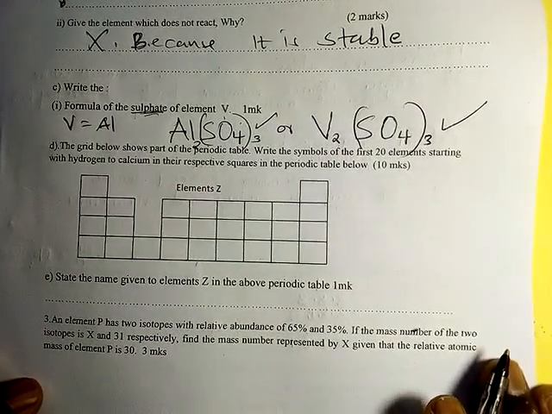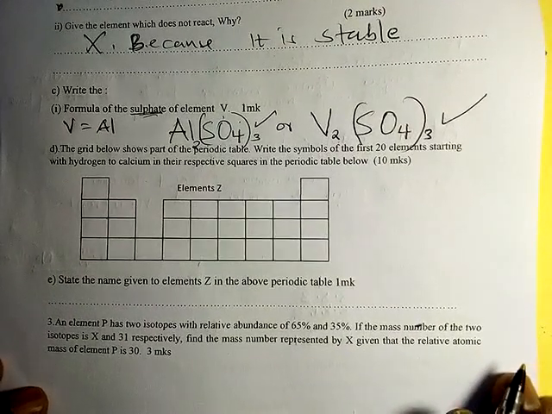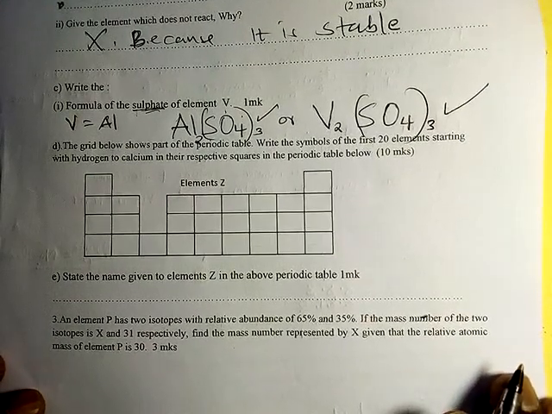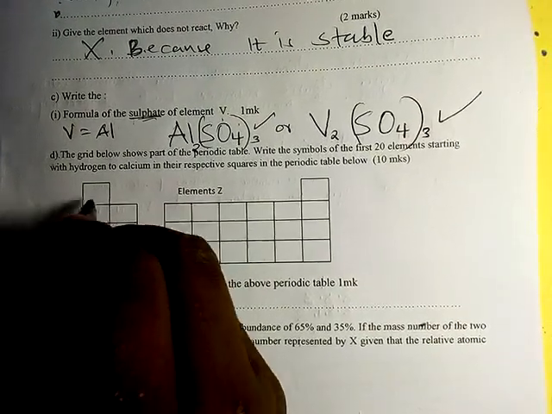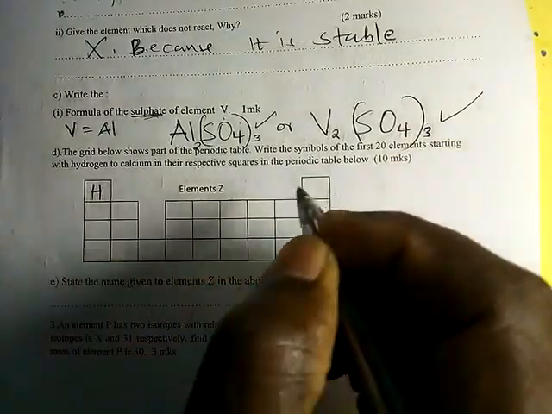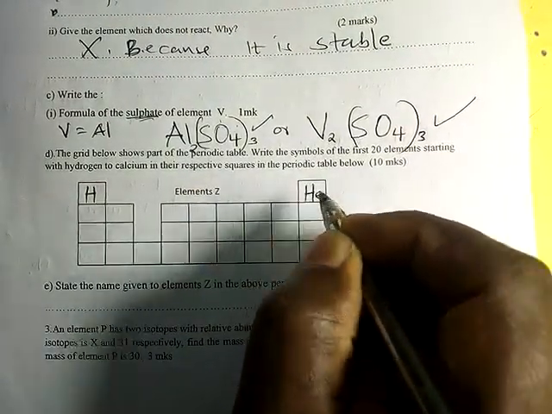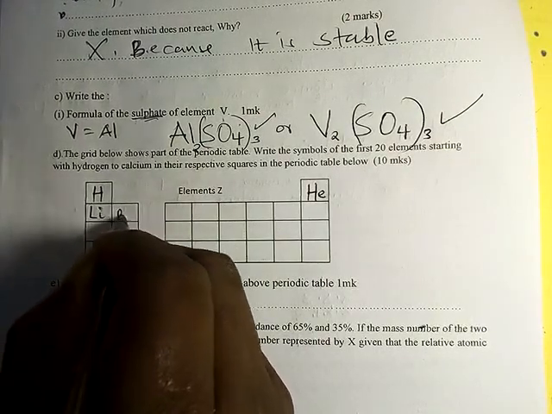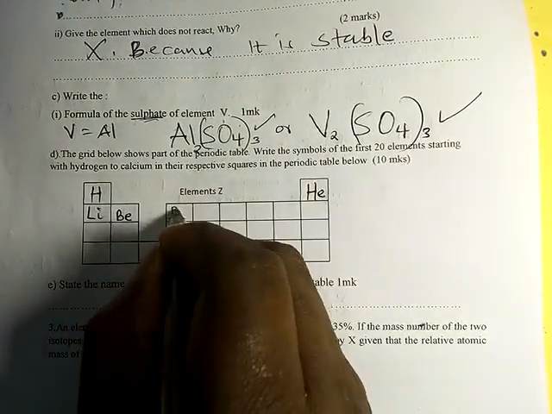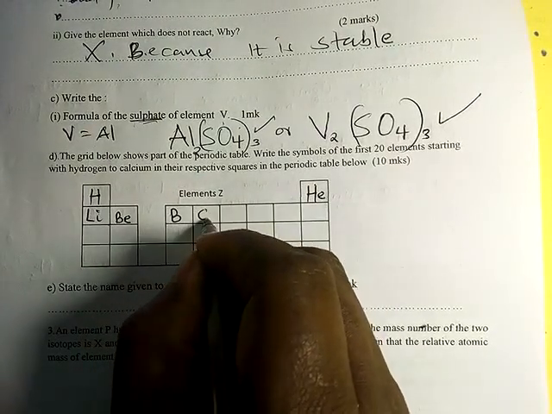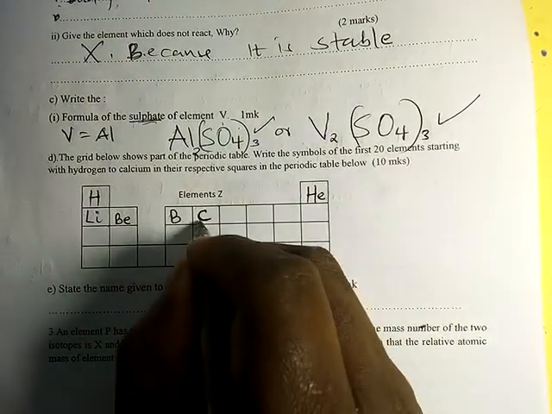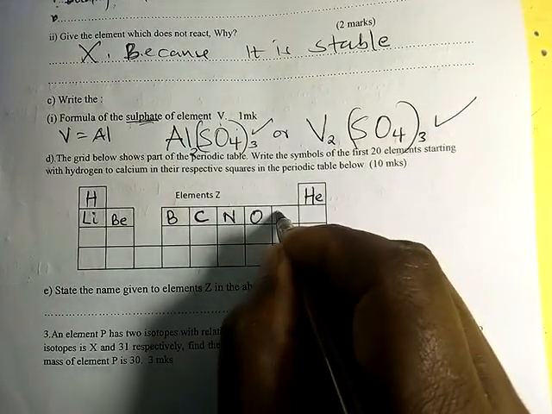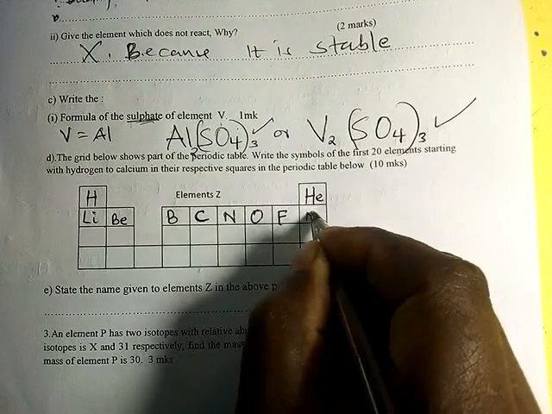In the periodic table part, write the symbols of the first 20 elements, starting with hydrogen to calcium, in their respective order. You should master this. Hydrogen, followed by helium, lithium, beryllium, boron, carbon. Carbon is atomic number 6, and then nitrogen, oxygen, fluorine, and then neon.